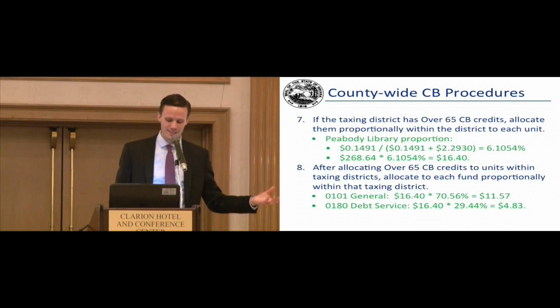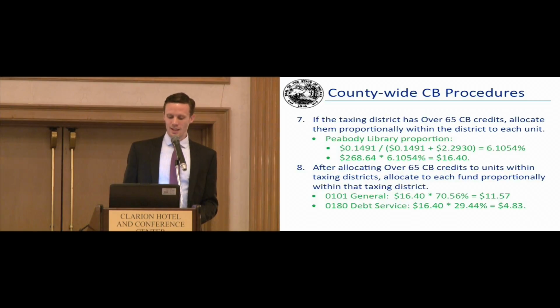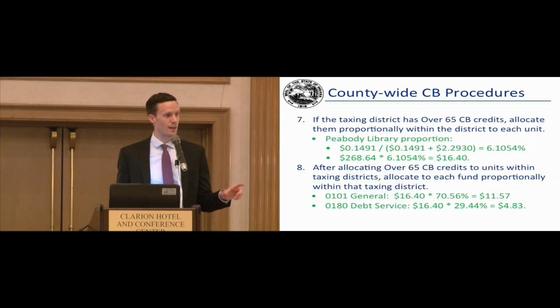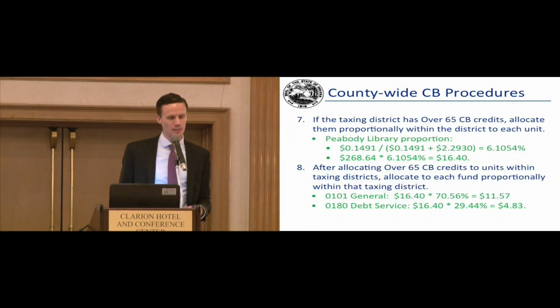In this particular case, roughly 70% of the $16.40 is going to go to the general fund, and roughly 30% is going to go to the debt service fund. So within this one taxing district, over 65 circuit breaker amounts are going to be roughly $11.50 and $4.80 for this taxing unit.